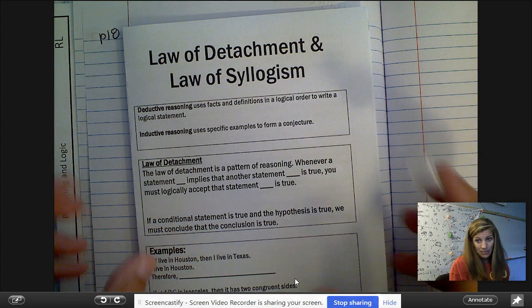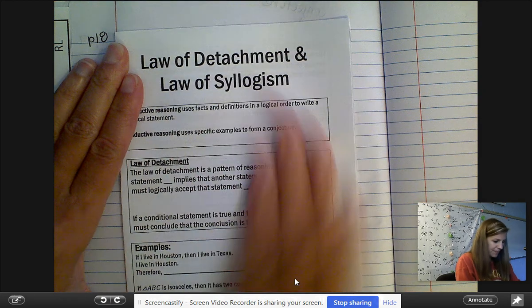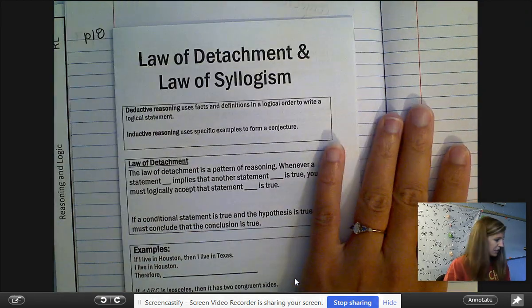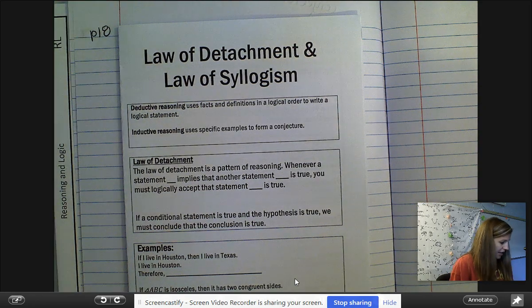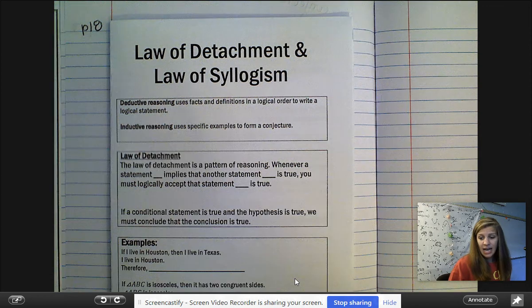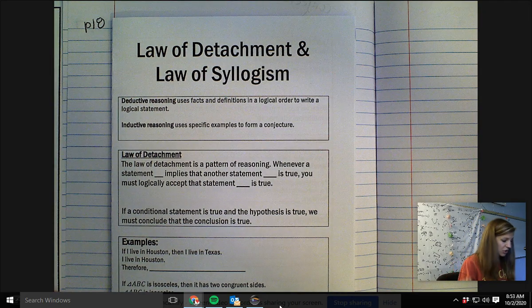I'm going to make a separate video for that one, and it's going to be about more deductive reasoning type stuff, but we just want to talk about the laws today. So law of detachment and law of syllogism. Okay, so as I said, deductive reasoning is the type of reasoning we want to use to prove that things are always true.